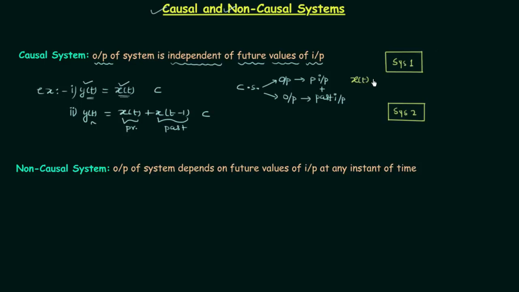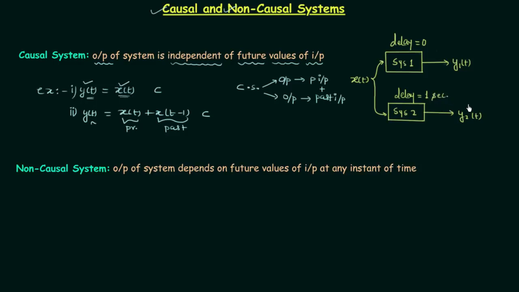Let's say the input is x(t), and it is given to system number 1 and it is given to system number 2. The output of the first system is, let's say, y1(t), and the output of the second system is, let's say, y2(t). Now the difference between first system and the second system is the delay. In the first system, the delay is equal to 0, and in the second system, let's say, the delay is equal to 1 second.